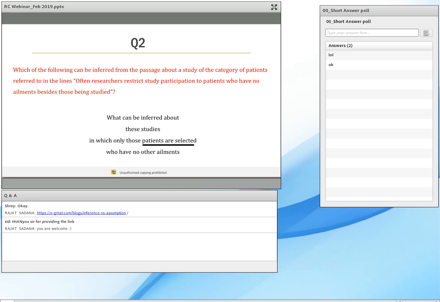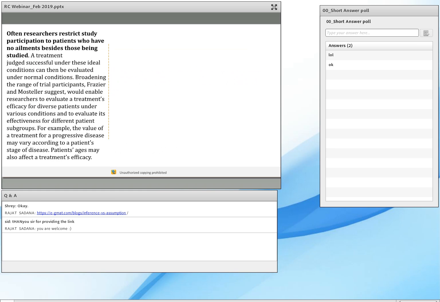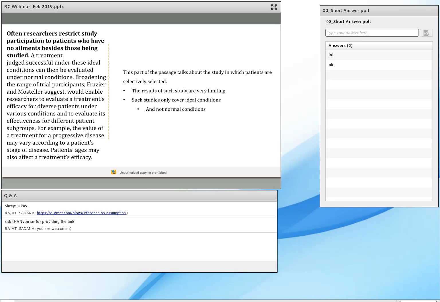Often researchers restrict study participation to patients who have no ailments besides those being studied. So this passage is talking about a study in which patients are selectively taken. According to the author, that study is very limiting, and it only covers ideal conditions and not normal conditions.